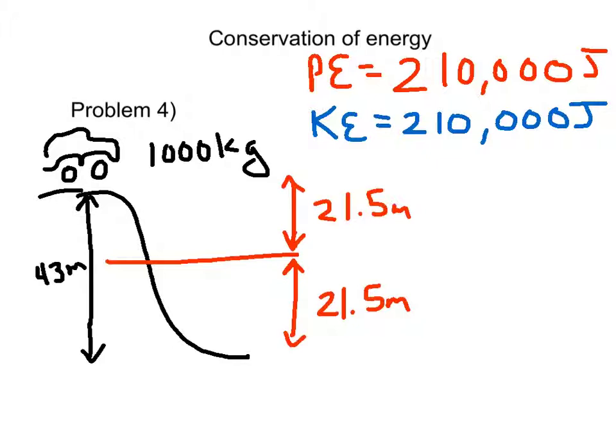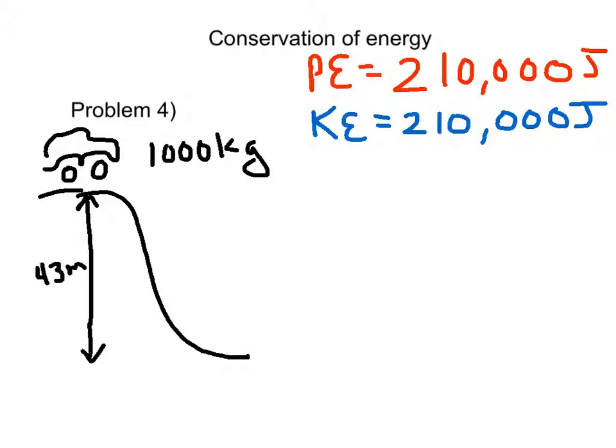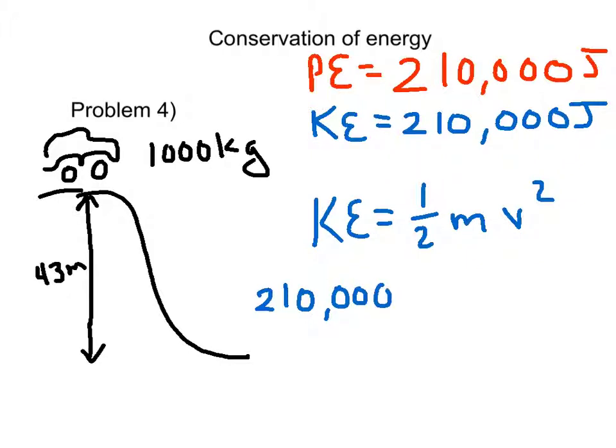So if this is our kinetic energy, and we know our formula for kinetic energy, I'm just going to clear a little more space here. So if we know what our kinetic energy is, then we can plug that into our kinetic energy equation. We have 210,000 joules on this side. We have 1/2, our mass is still 1,000 kilograms, and then we have v squared on this side.